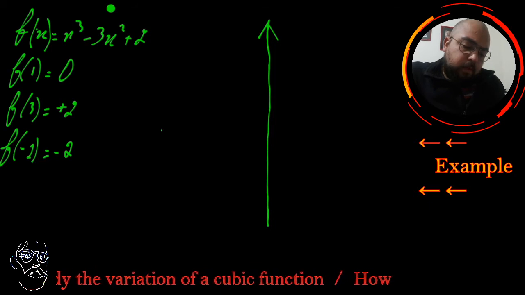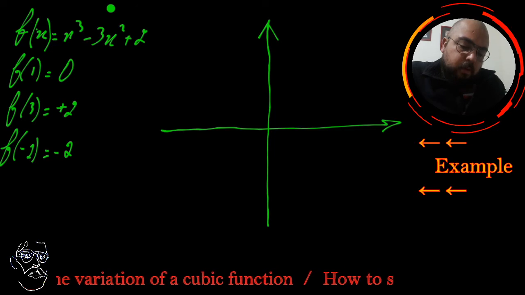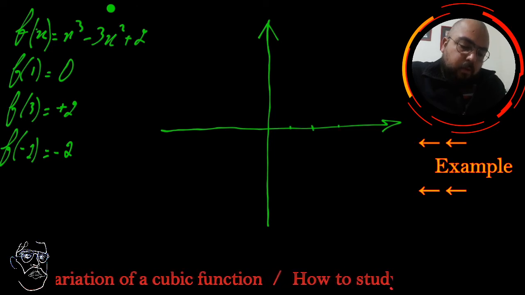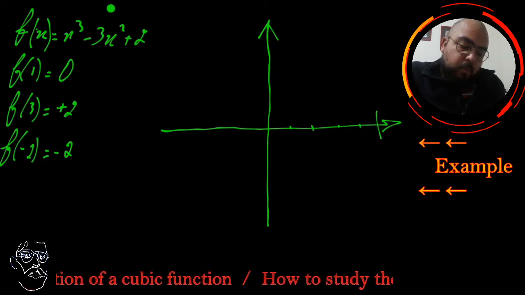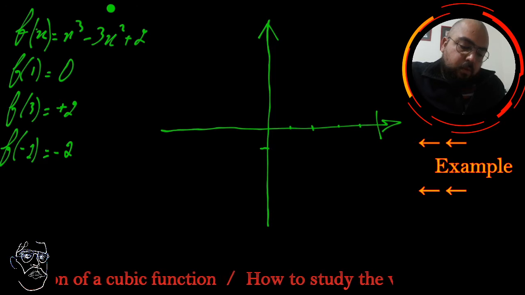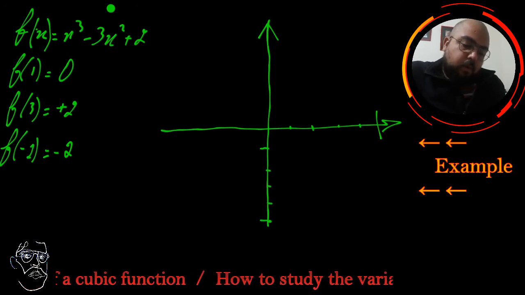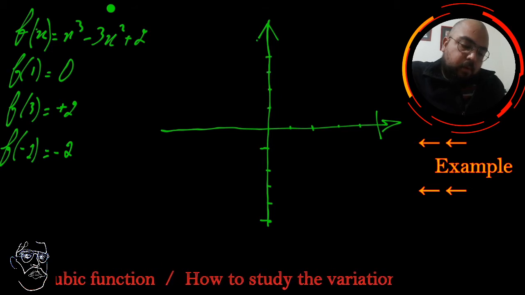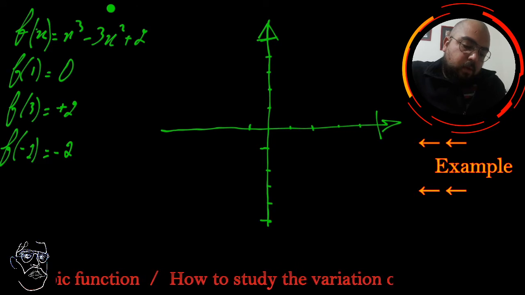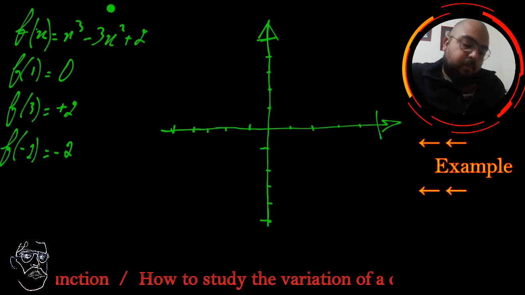So in this case, these are the values: 1, 2, 3, 4, 5 on each axis.